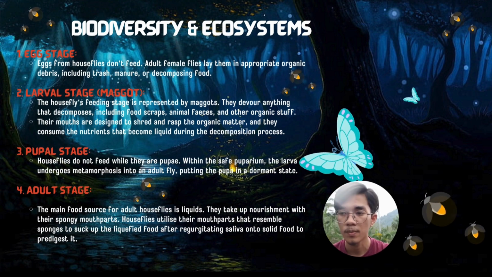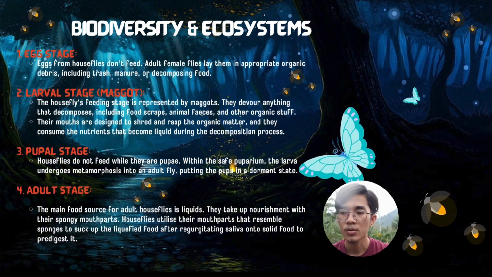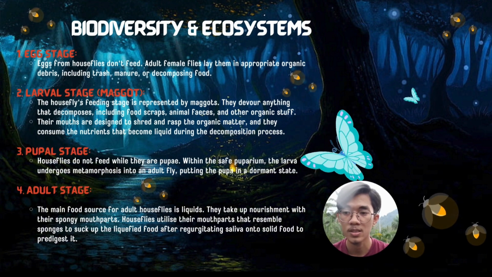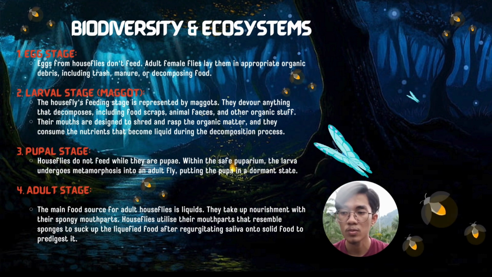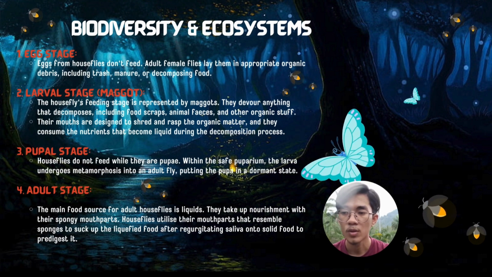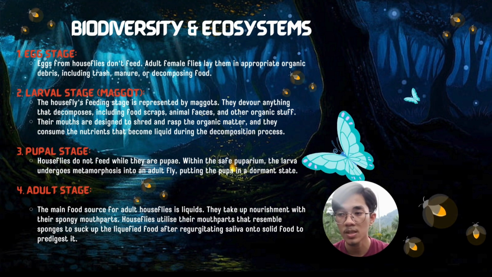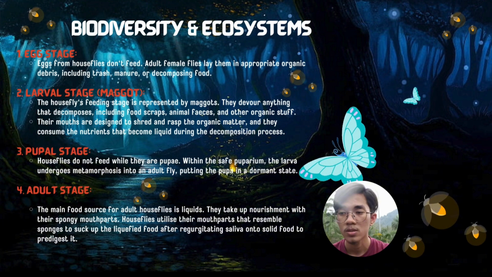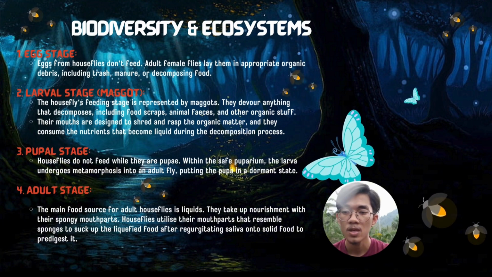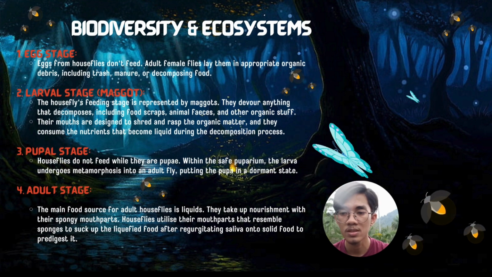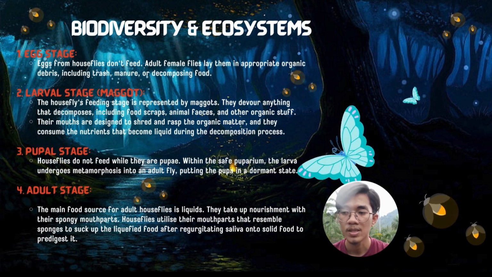And lastly, number four, adult stage. The main food source of adult houseflies is liquids that they take up with their sponge-like mouthparts. Houseflies utilize their mouthparts that resemble a sponge to suck up liquid, after regurgitating saliva onto solid food to predigest it.